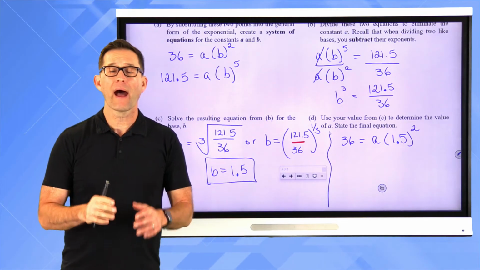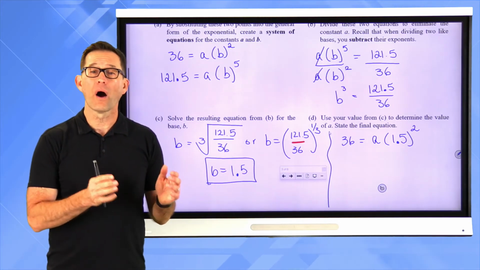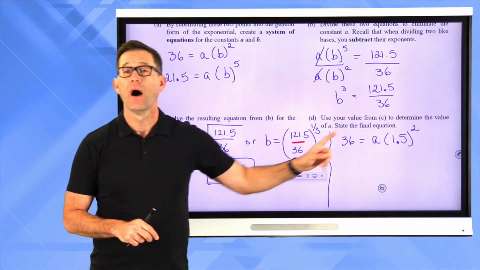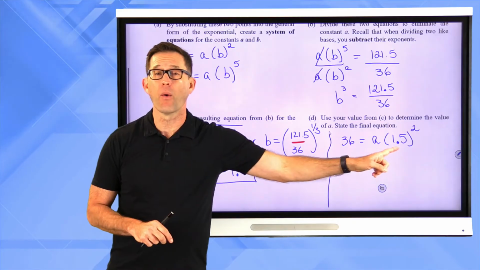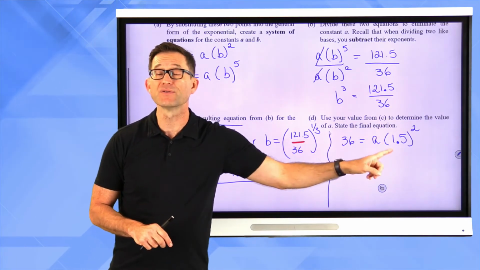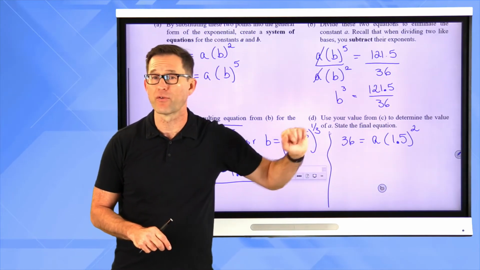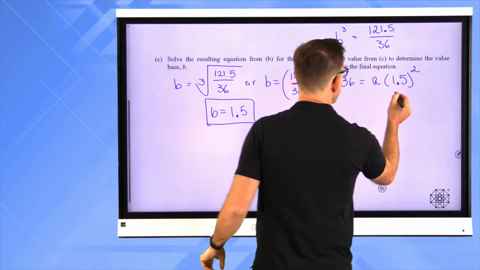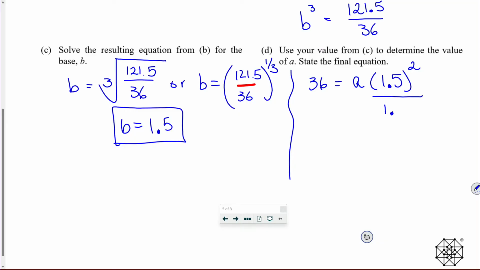Now, no matter how simple or complicated the value of b is, me personally, I will never try to figure out what this quantity is squared or cubed or whatever it is. What I will now immediately do is just simply divide both sides by whatever this thing is.